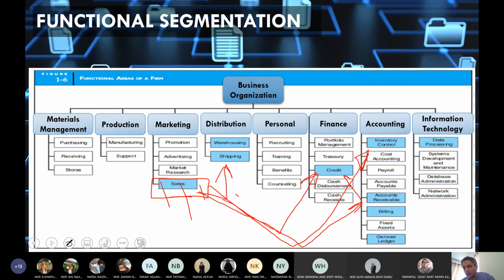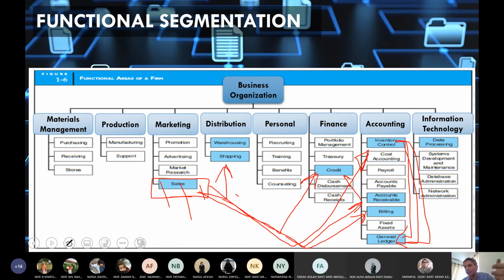Then we'll process the billing or the invoice, and after that the three will update the general ledger. So here, updating the general ledger is the posting, okay?